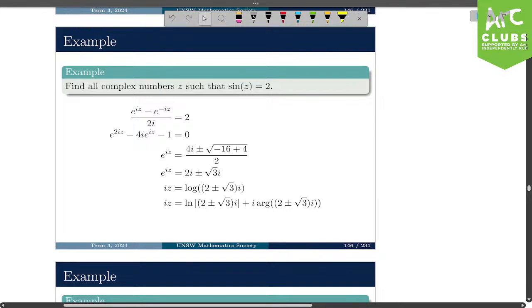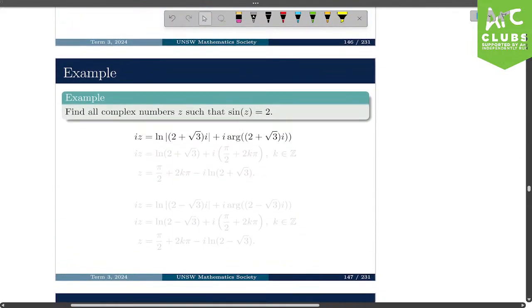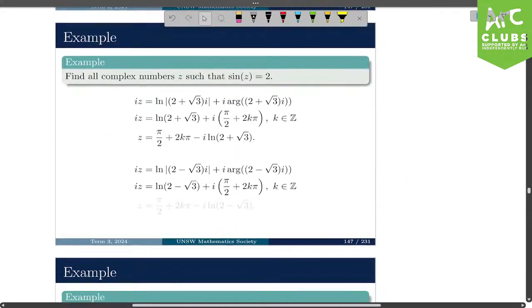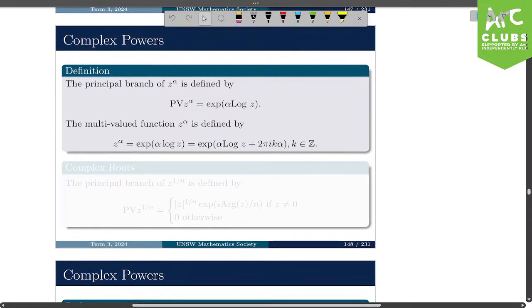Probably just the biggest thing to note is here we have all complex numbers, so we want to include the 2 pi i, so we end up including it in the arg because it is lowercase, and we immediately push that into over here.